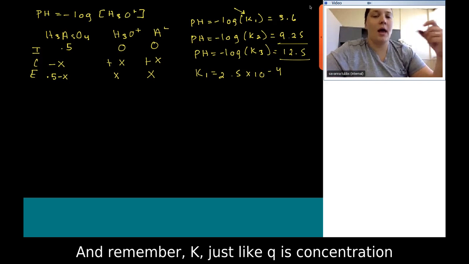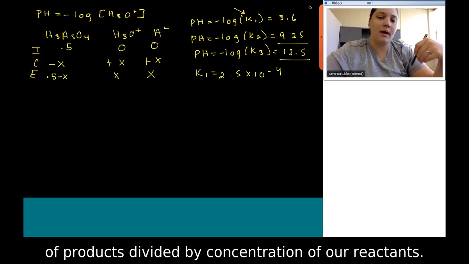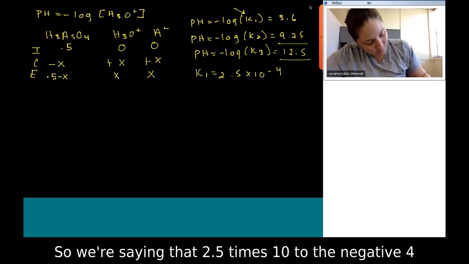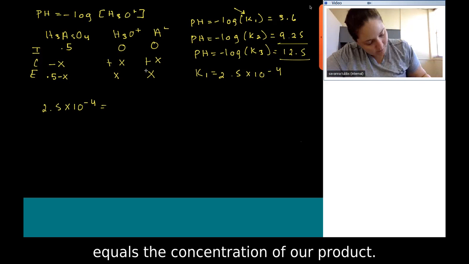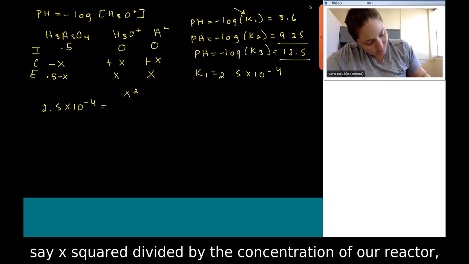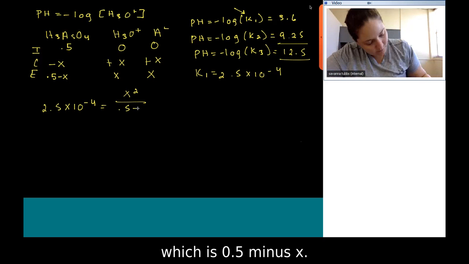And remember, K, just like Q, is concentration of products divided by concentration of our reactants. So we say that 2.5 times 10 to the negative 4 equals the concentration of our product. Because we have two x's, we can just say x squared, divided by the concentration of our reactant, which is 0.5 minus x.